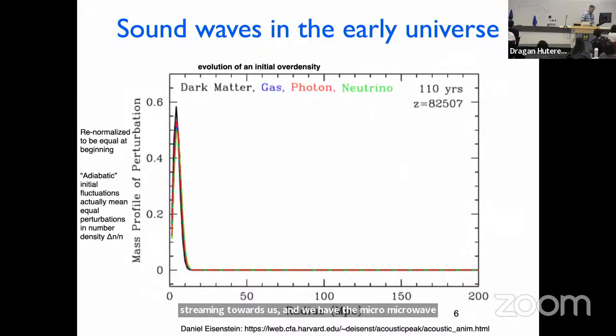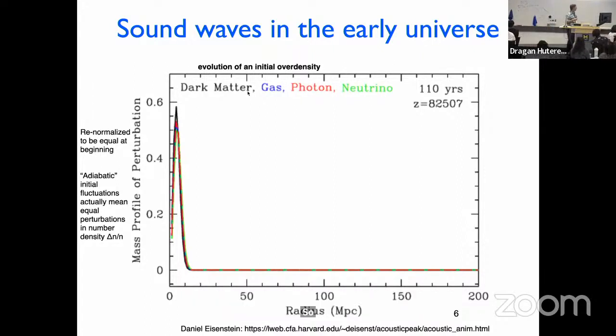To understand the physics that we're trying to extract, I think this is, for me, the clearest demonstration of all of the physics that you need to know about the cosmic microwave background. People usually show this to show the baryon acoustic peak. So here's a density fluctuation in the early universe.